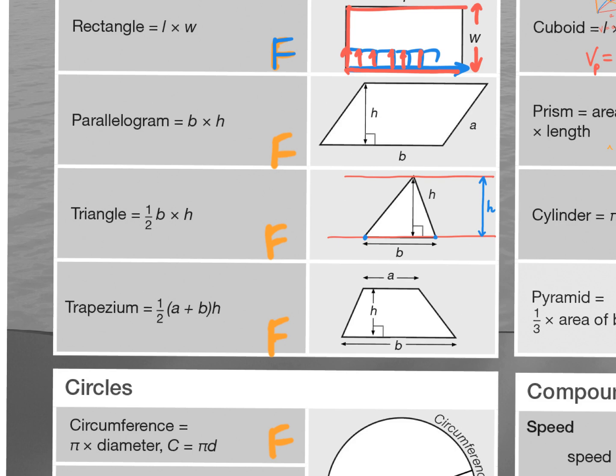Well, that's really key in this situation, because if we had the base times this perpendicular height, then we'd end up with the area of a rectangle. So the area of the rectangle would just be base times height. But we know if we wanted the triangle, we had to halve the area of that rectangle.